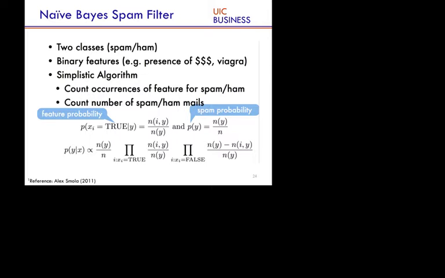The probability that the ith word is present, xi equal to true, is just the co-occurrence of the word and the label being spam divided by the number of spam examples in your data set. And the probability of spam itself is the number of spams divided by the total data set, right?